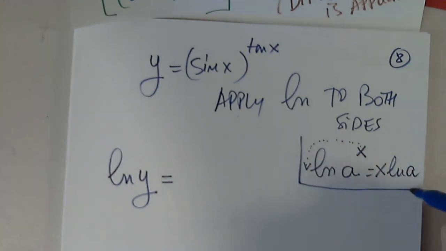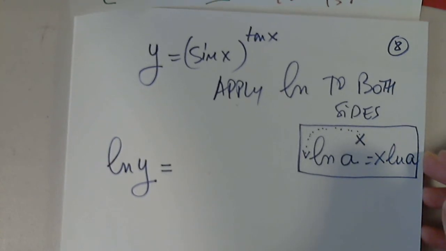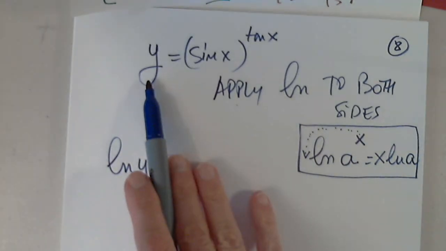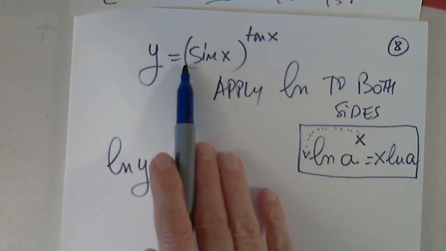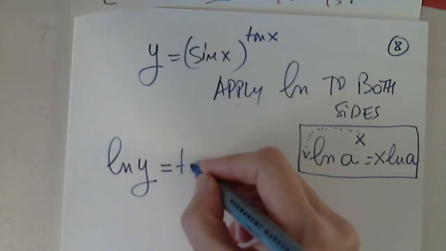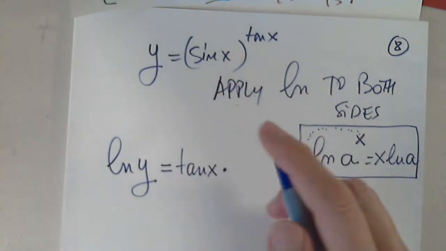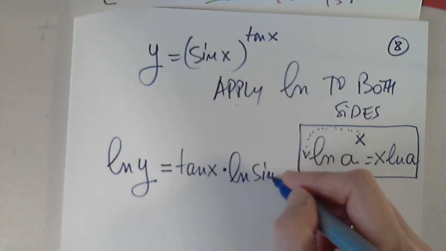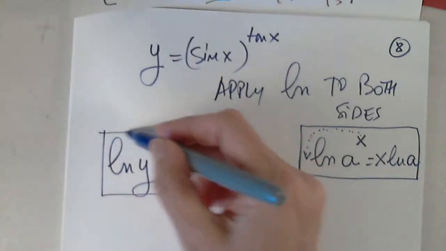And this is the rule we are going to apply, but this is a log rule. It has nothing to do with differentiation. So when we apply the natural log to this side, we just get that. But when I apply natural log to this side, tangent goes in front, and I multiply by natural log of this base. Do we understand this step?